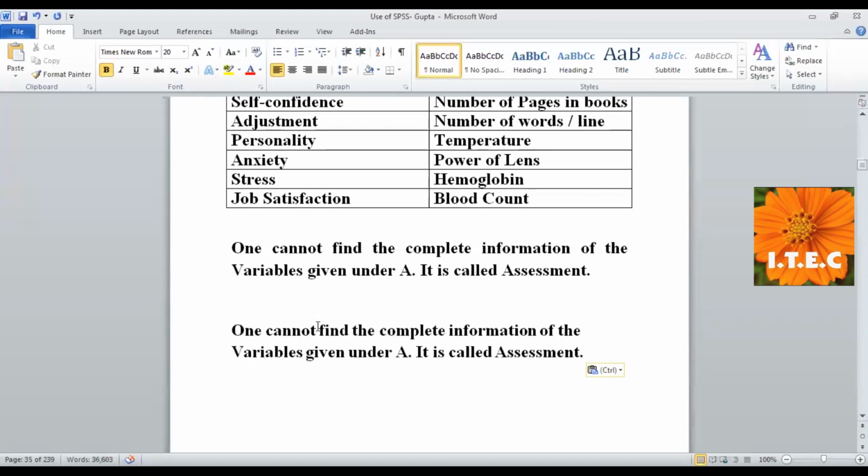Now one can find the complete information of the variables given under B. So it is called measurement.